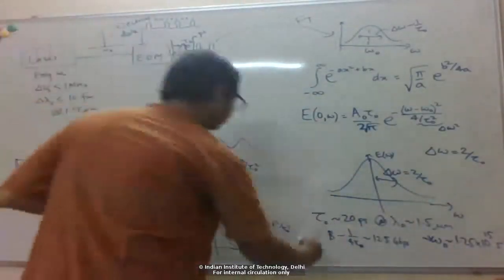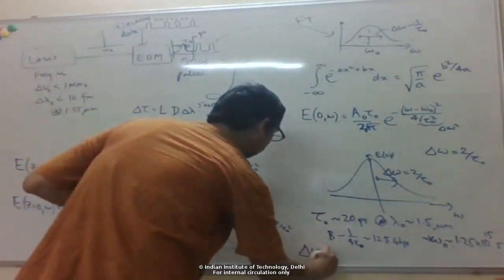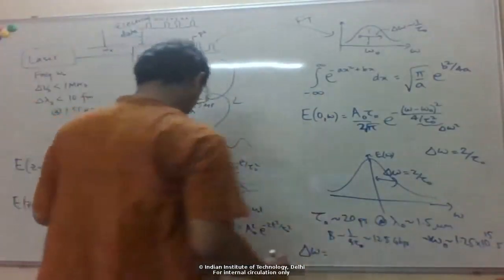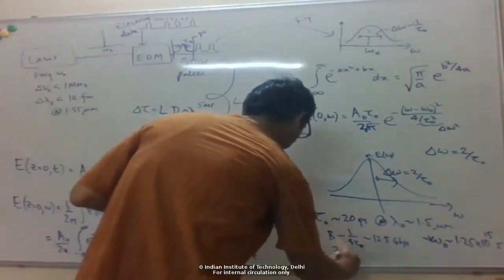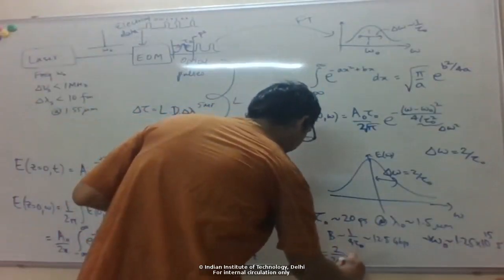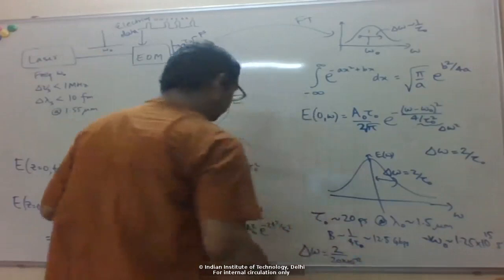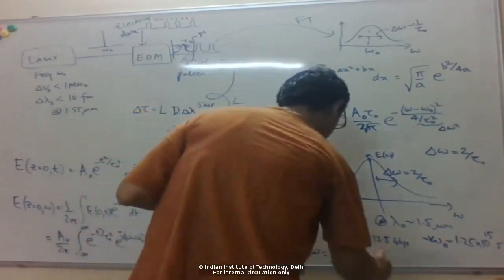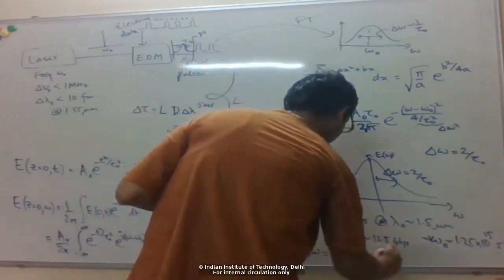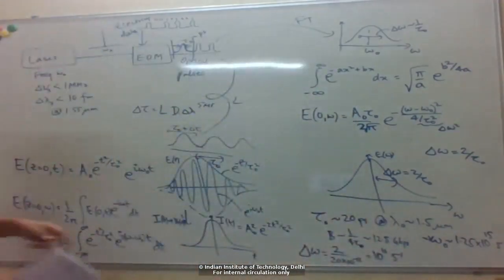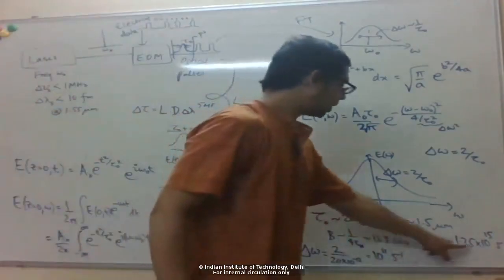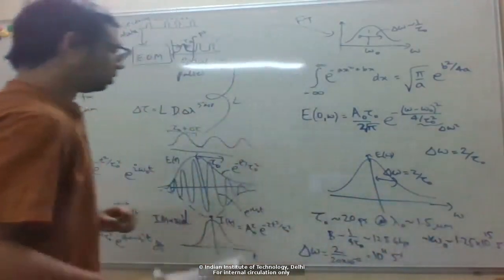And so now delta omega is 2 over tau naught, so you get 2 over 20 into 10 to the minus 12, so that's 10 to the 11. Okay, so delta omega is 10 to the 11, omega naught is 10 to the 15.